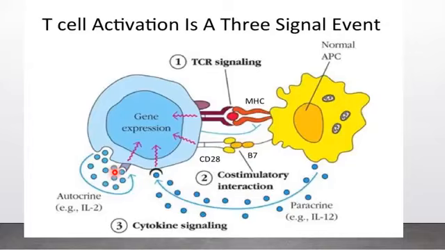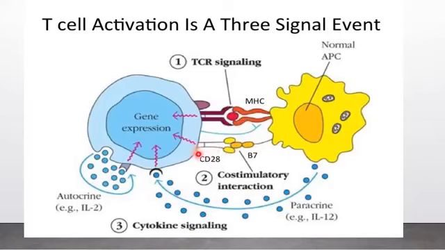So T cell activation happens through three signal events. Number one is when the T cell receptor binds to the peptide fragments on the MHC class 1.